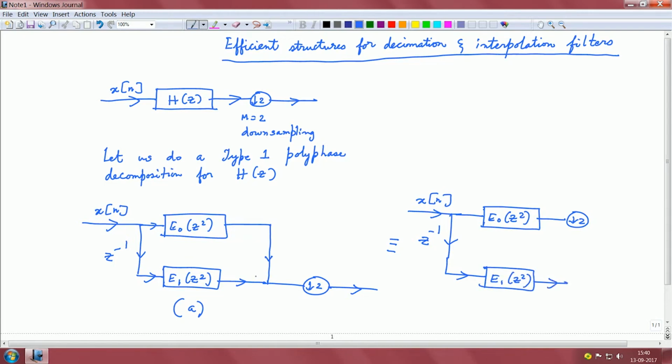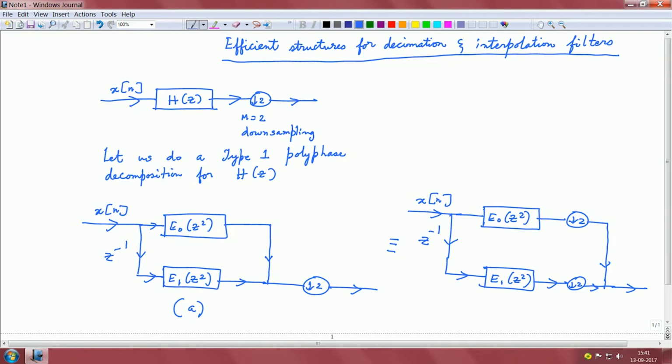Basically I am pushing the downsampler into each of the two branches. So this is my equivalent form.